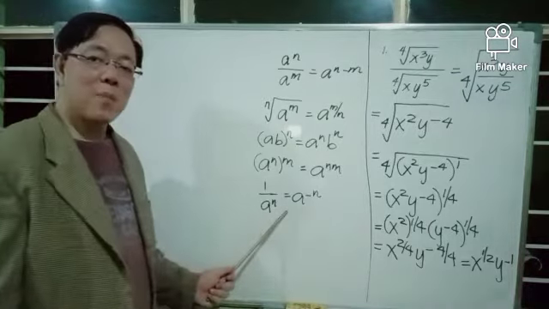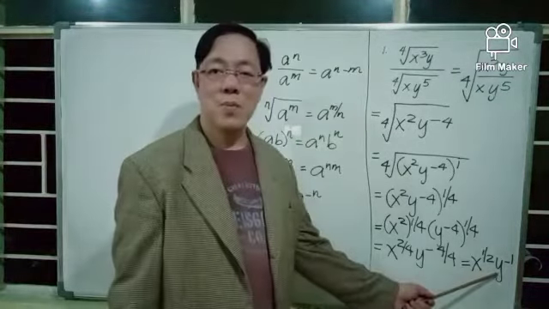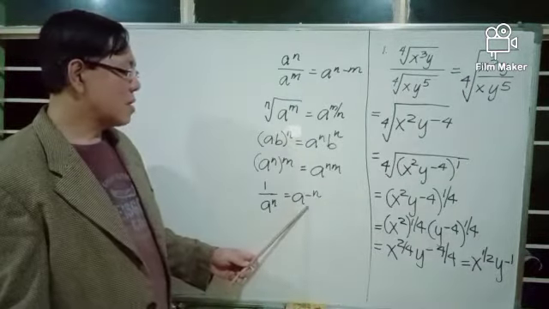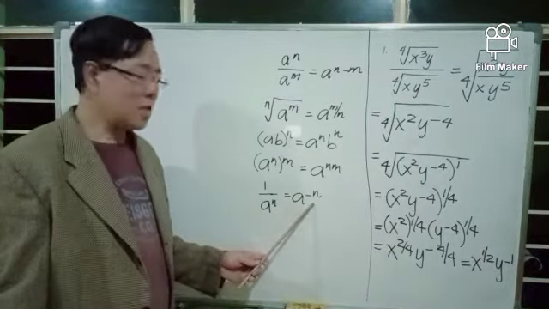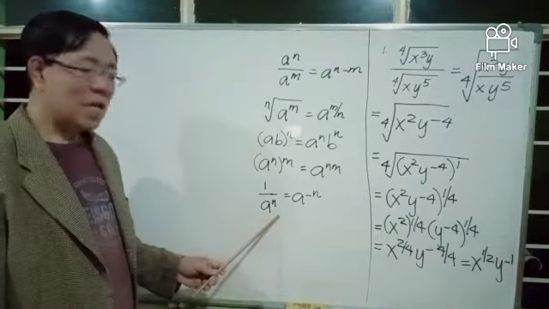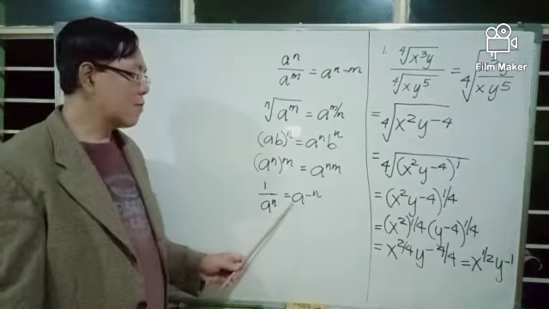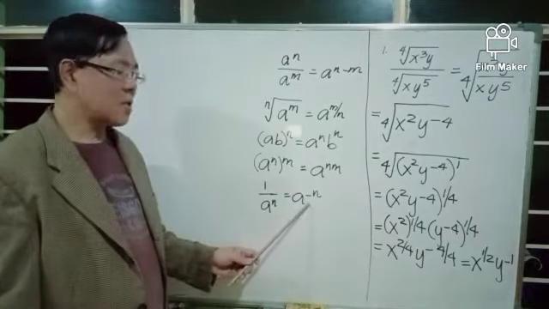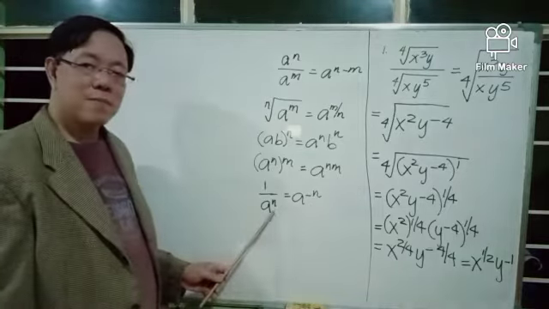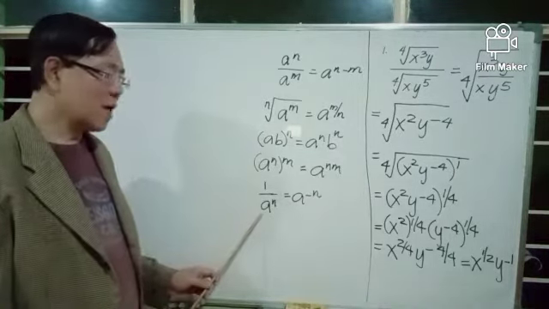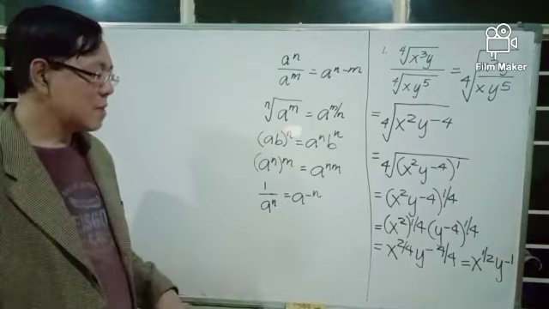We apply this property of exponent to get rid of the negative exponent of y. If we want to remove the negative exponent of a, we bring it to the denominator. And we take the opposite sign of the exponent of a. We bring this in the denominator, the opposite sign of negative is positive. Hence, a to the negative n is equal to 1 over a to the positive n.